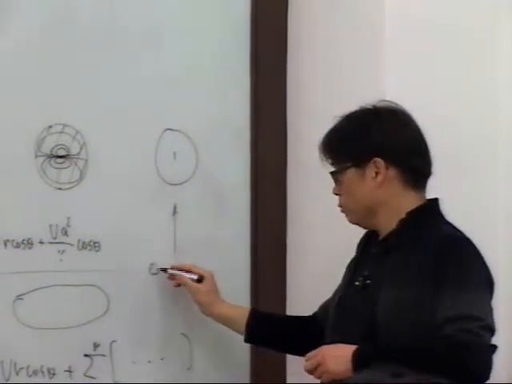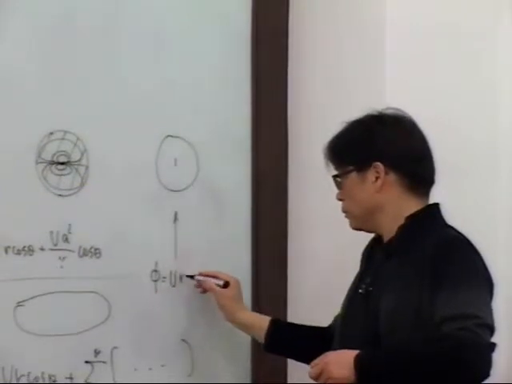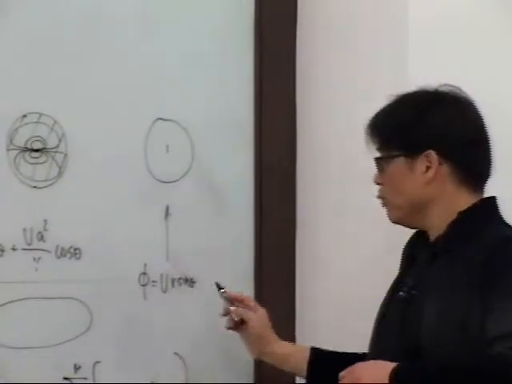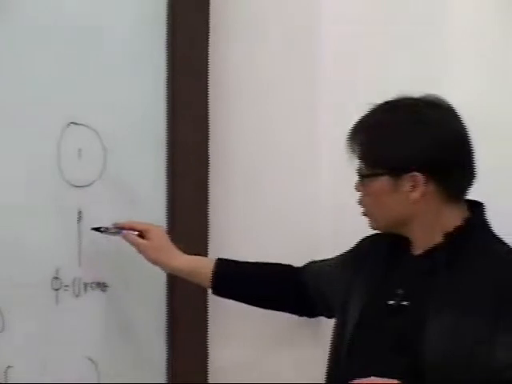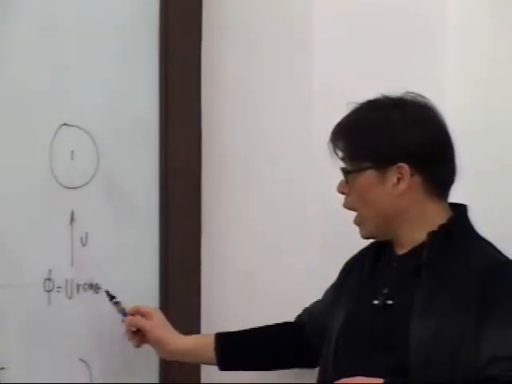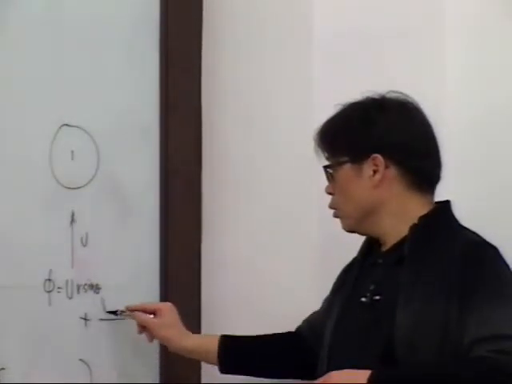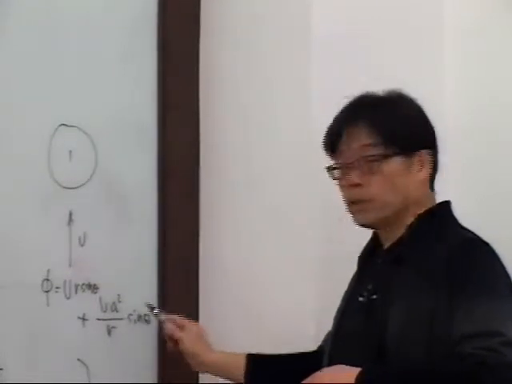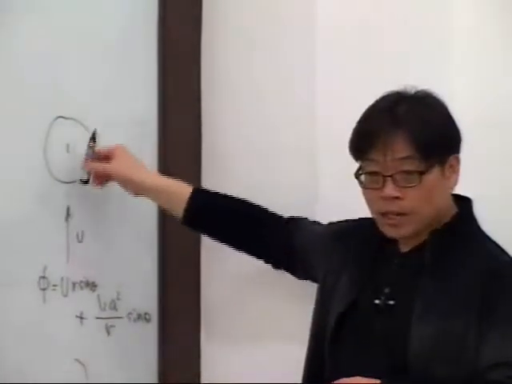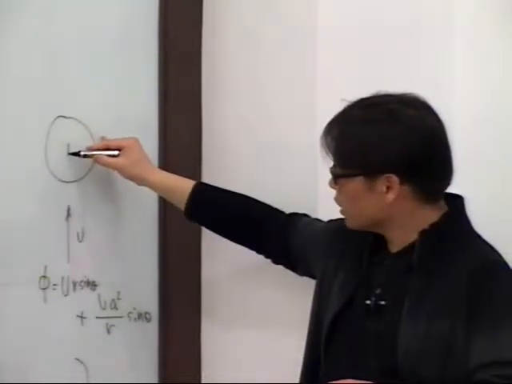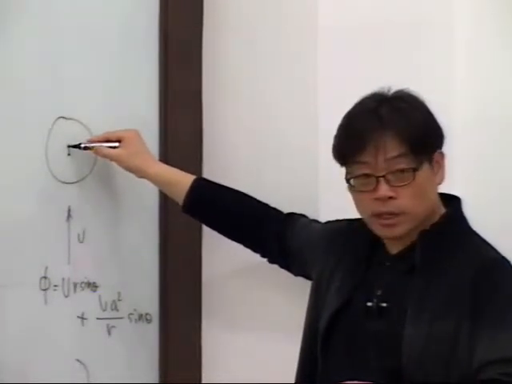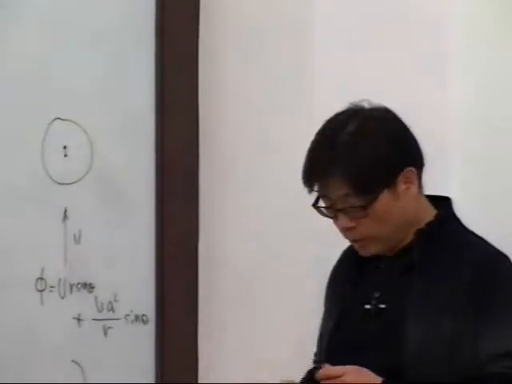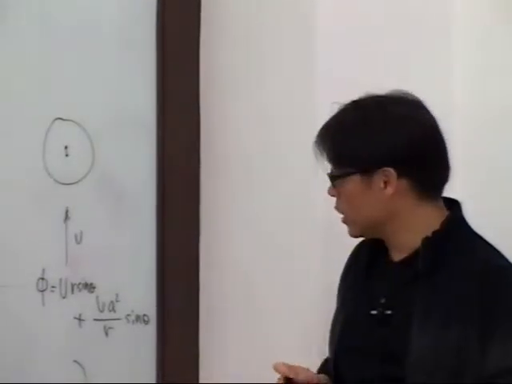So in this case, a uniform stream in the y direction. So I have to write Uy plus Ua squared divided by r sine theta. So this time the dipole is aligned in this way, and the source is sitting here and the sink is sitting here, although they are infinitesimally close to each other.